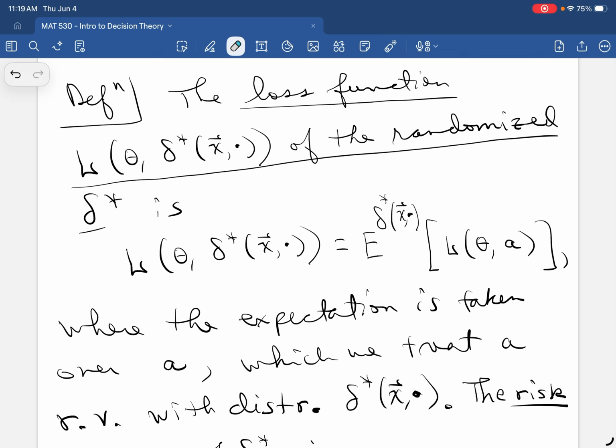So we can take the expected value of this loss function with respect to the action. The randomized decision rule's loss is no longer in terms of A because we've, quote unquote, integrated it out. So this loss function would depend on the value of little x, which may still hang around somewhere, and also the value of theta.